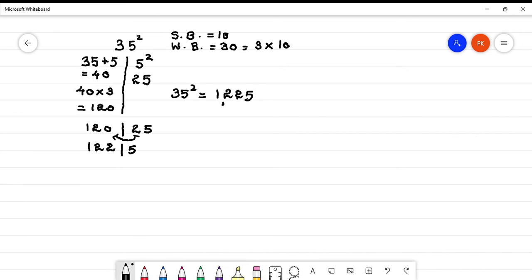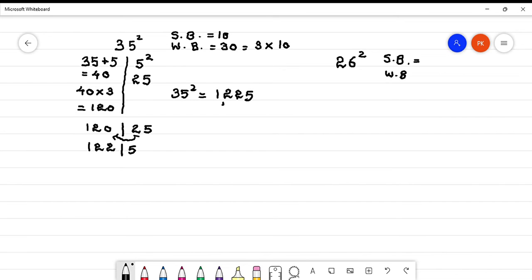Okay, let us take one more problem here. Say 26 square. And now you will tell me what will be the standard base for this and what will be the working base for this. Try to answer me. What is the standard base?